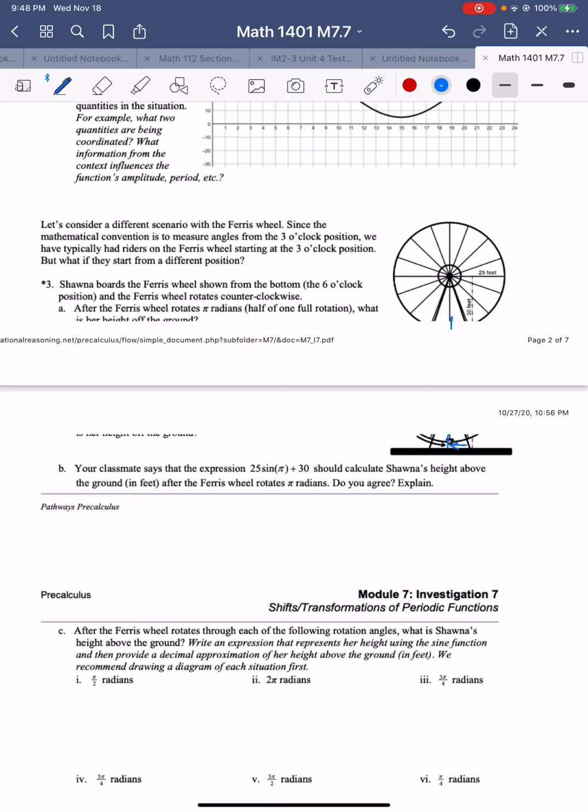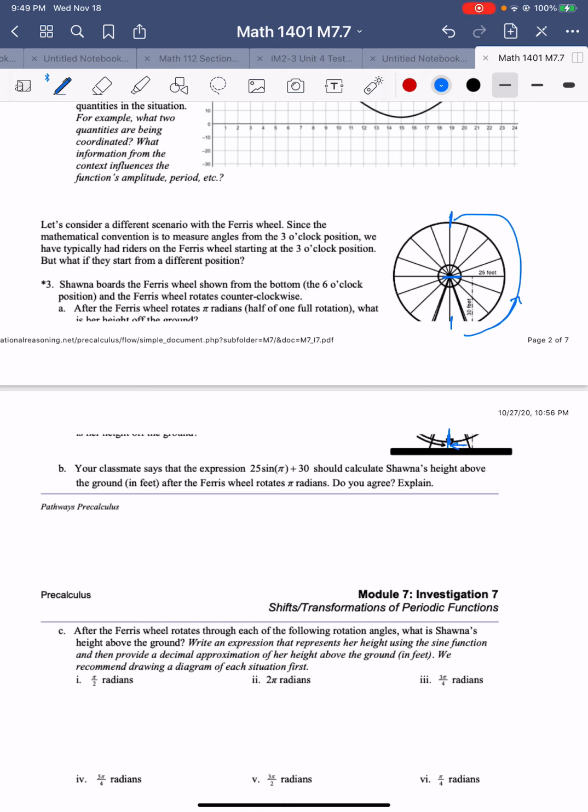Shauna boarded the Ferris wheel from the bottom, which is the 6 o'clock position, and the Ferris wheel rotates counterclockwise, which is this direction. After the Ferris wheel rotates π radians, she turns all the way up here, okay? So what is her height? The height is from here to here.